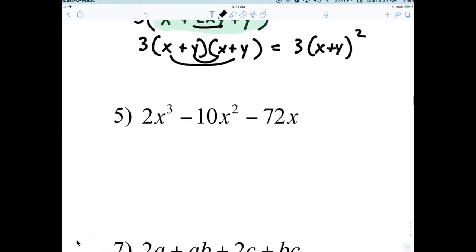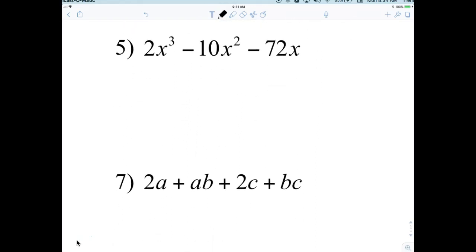Okay, let's look at 5. For those guys who are paying attention, I want someone to try to tell me what's common. 2 and x. Now remember, for those of you who are trying to do better, you're trying to say it before everybody else.